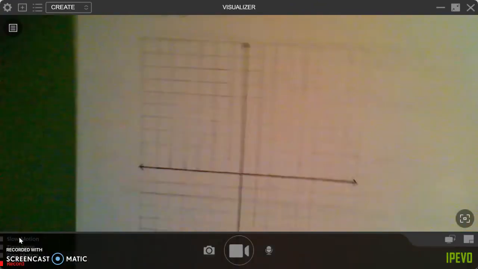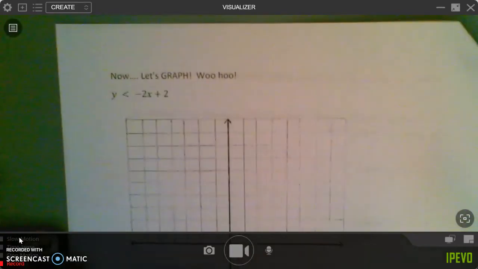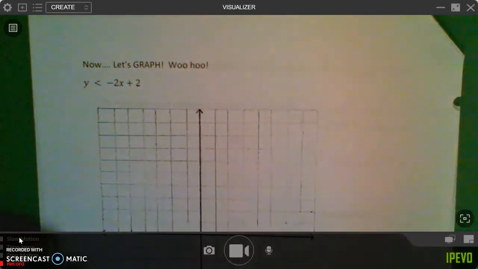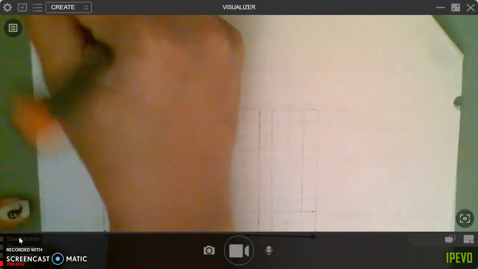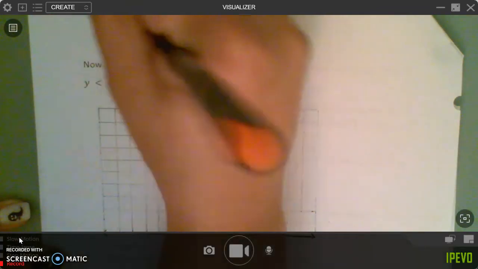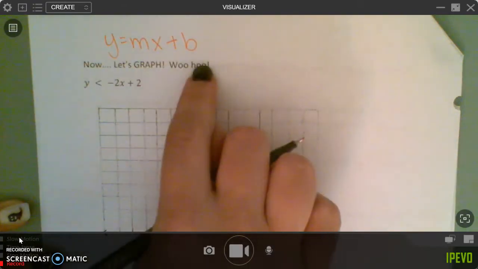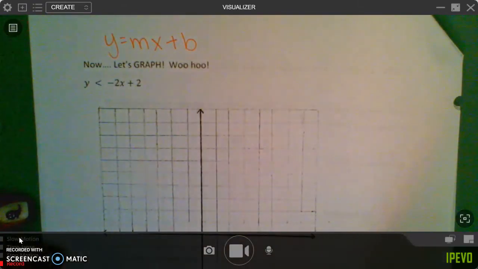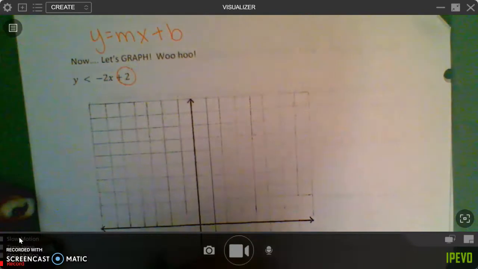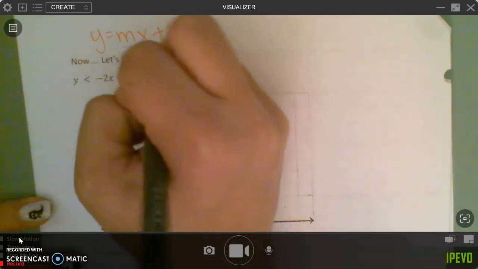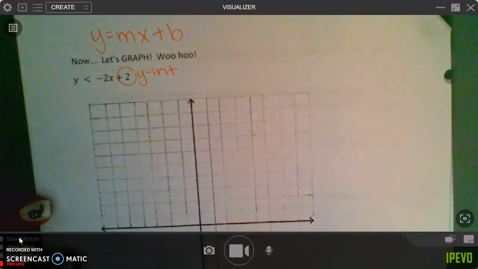Okay, next we're going to actually start to graph. So remember, when you're graphing, whether it's a regular y equals equation or an inequality, it has to be in slope-intercept form. y equals mx plus b. So for this problem, it already is in y equals mx plus b. We have right here this 2. Remember, that's your y-intercept. That's the b.